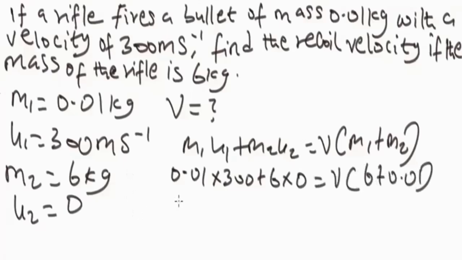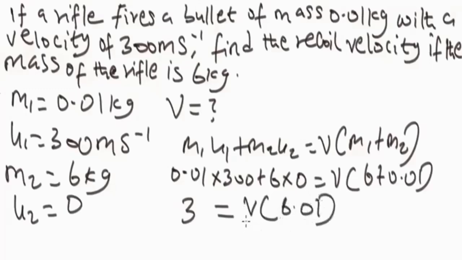When you simplify this, 0.01 times 300 will give us 3. 6 times 0 is 0, so we only have 3 on the left side of the equation. Then v in brackets 6 plus 0.01 gives us 6.01.